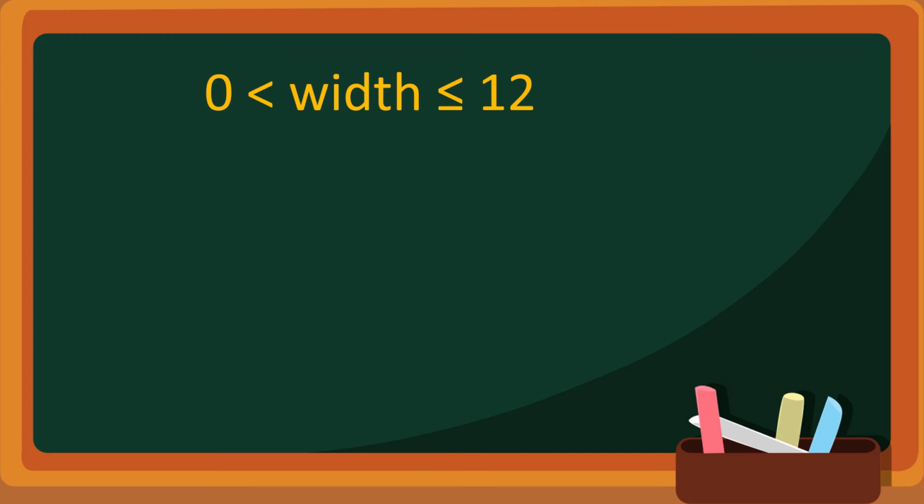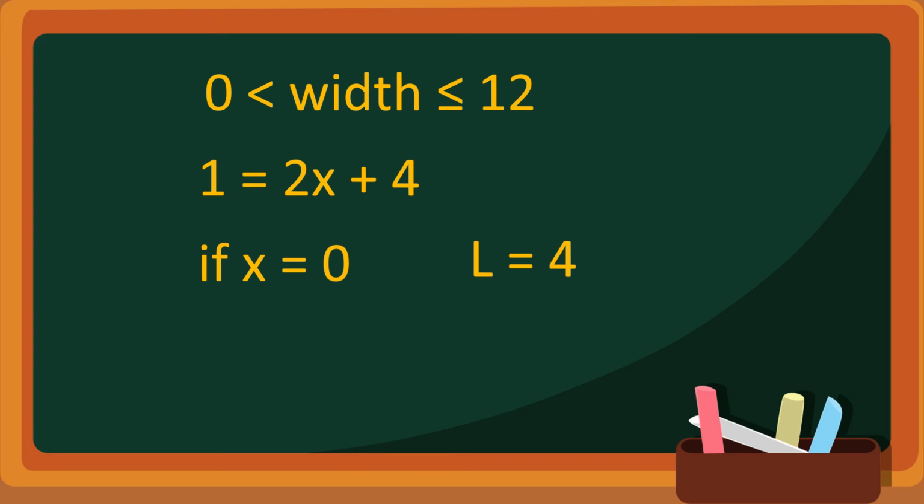The possible width is 0 less than width less than or equal to 12, since there is no negative measurement. Since the length is equal to 2 times x plus 4, if x is equal to 0, then the length is equal to 4. The width must be greater than 0.